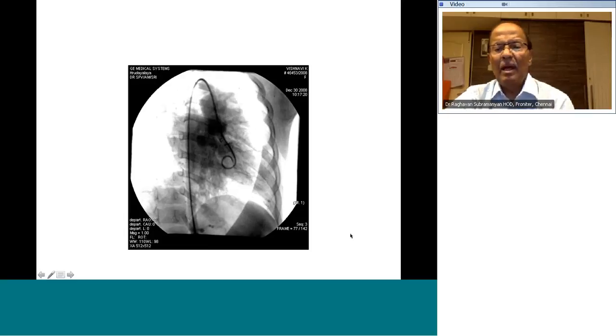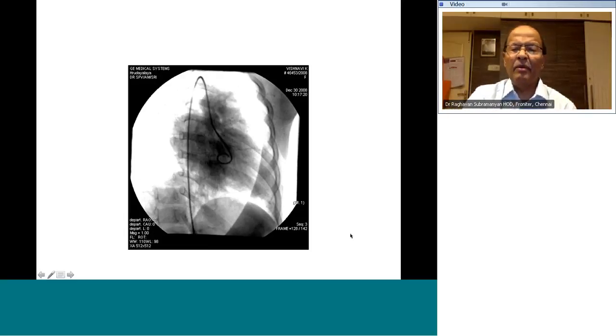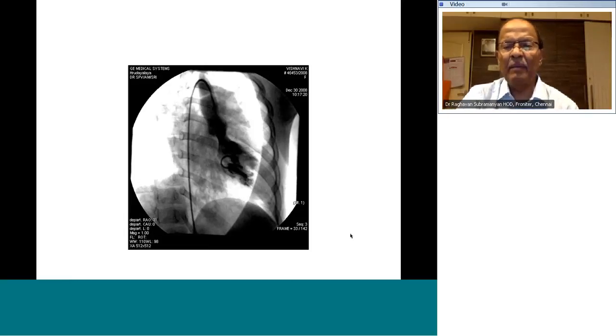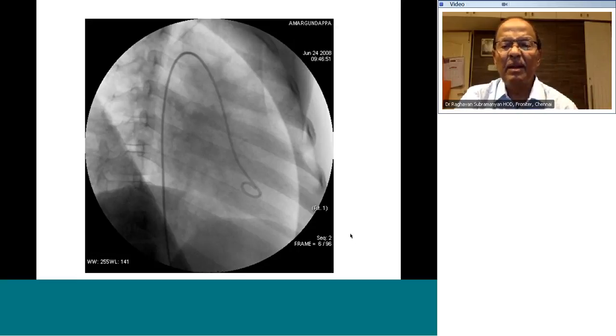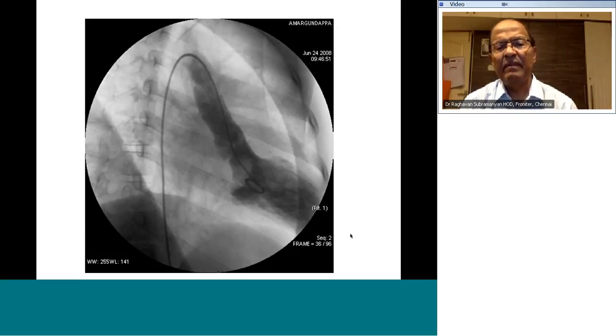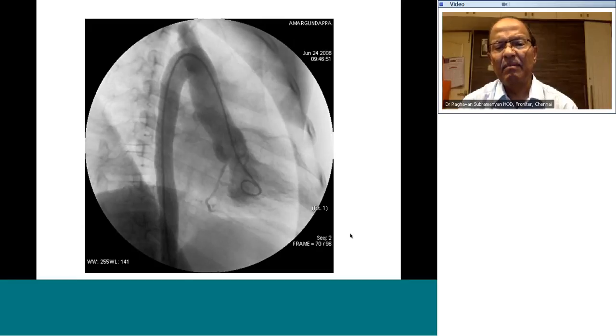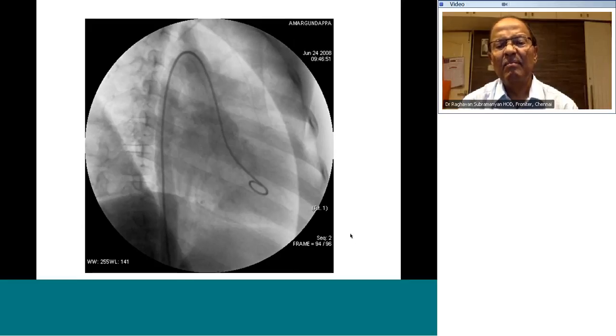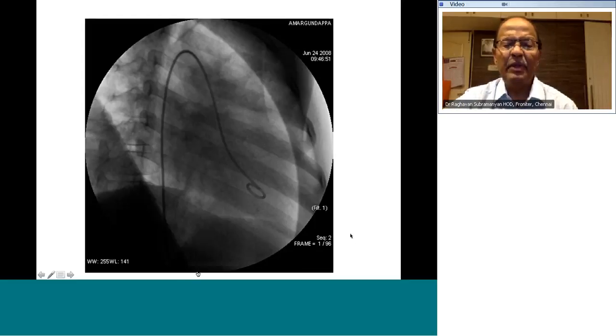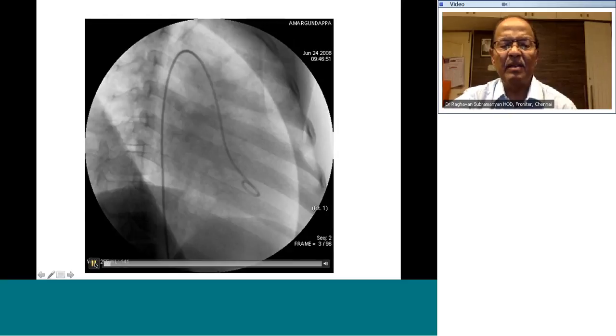Okay. You've not been able to make it out, so now I'll show you another angiogram. See whether you can see any difference between this angio and the next angio. Okay. Look at this angio and see whether you see any difference. Here I will show you the diastolic frame and the systolic frame.